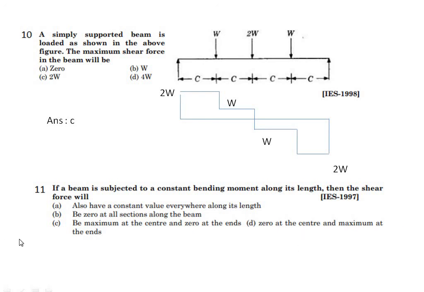Again, if there is some variation in shear force, there will be variation in bending moment, so you cannot take this answer either. The only possibility is that shear force has to be 0 all along the beam, so the bending moment will also be constant, that is 0 all along the beam. So the answer is going to be B, right? So B is the right answer.